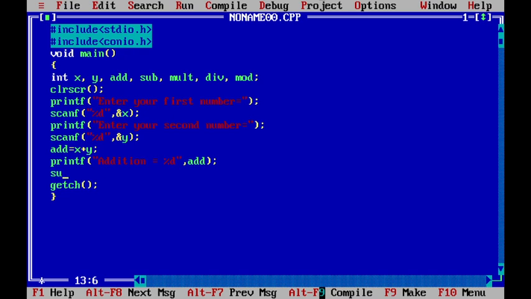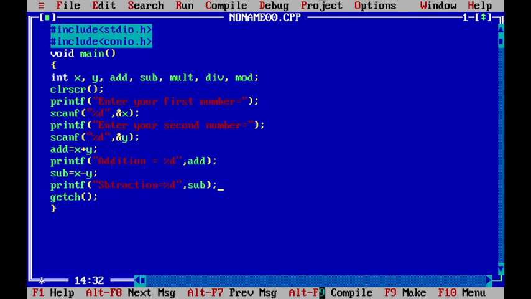Now next we want to determine the subtraction of these two numbers. So we use the variable sub is equal to x minus y, and printf "subtraction is equal to %d", sub.